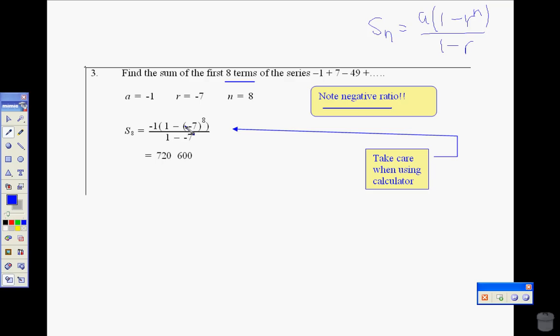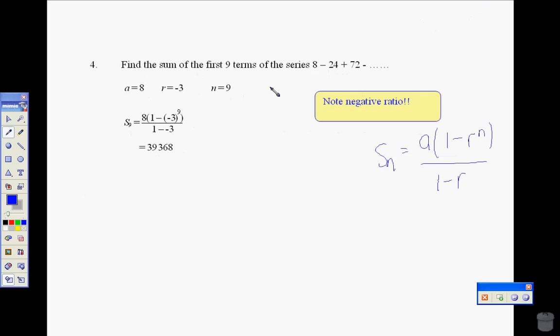So it's minus 7, all to the power of 8. So I have that bracket there. So just be really careful. Otherwise, you might find yourself with the wrong answer from correct working, and you never want to lose marks there. You want to make sure you're getting it correct right through to the end, not throwing your answers out.